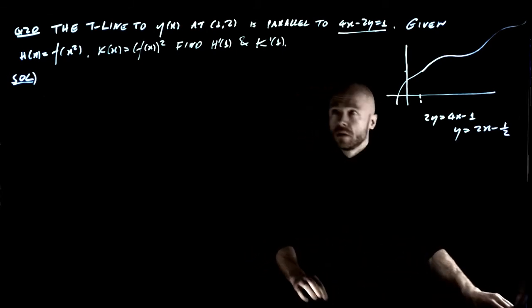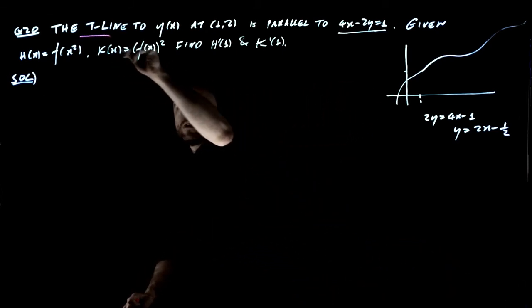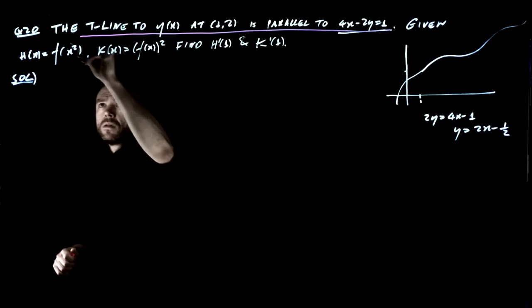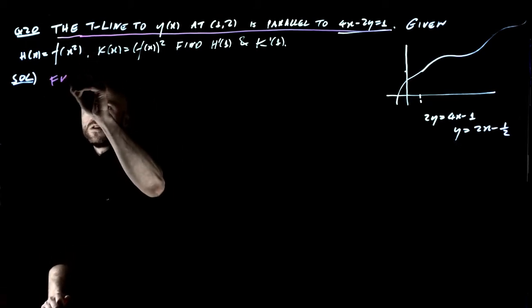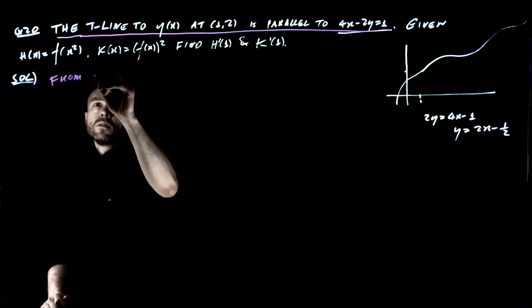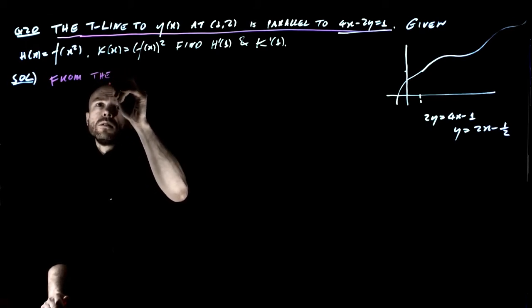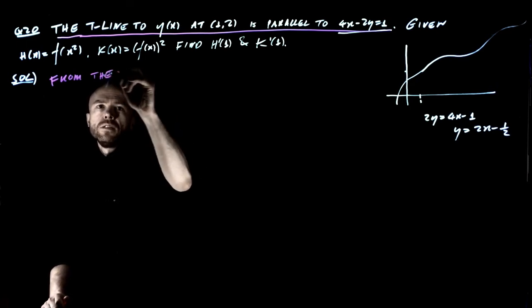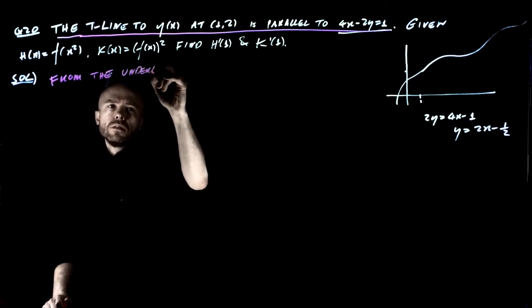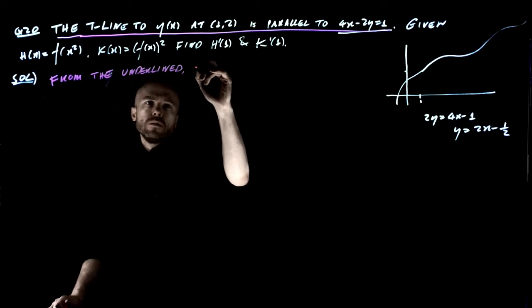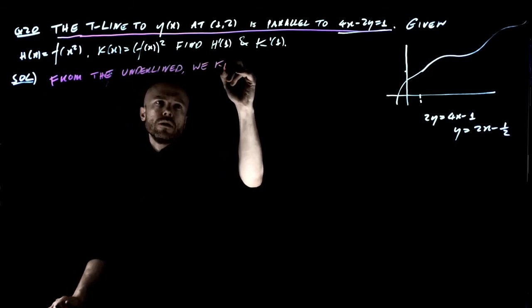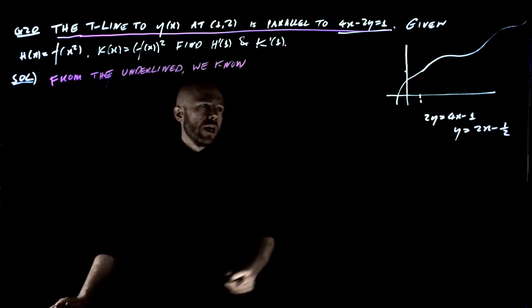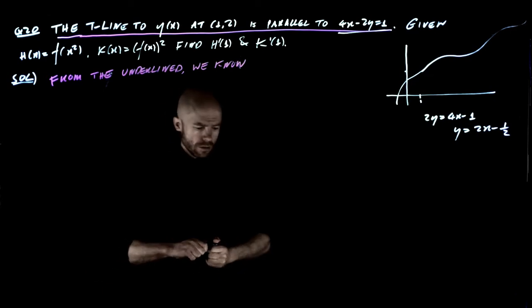So from the underlined sentence, we know the slope of the tangent line of the function at this point 1, 2.